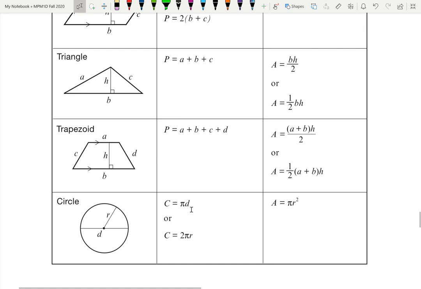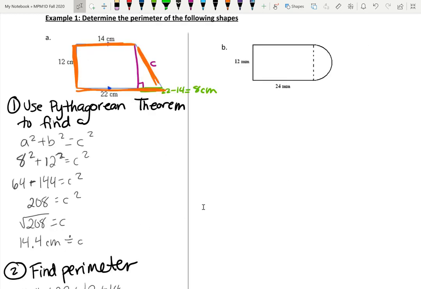So to get the semicircle, we would just divide this by 2. So remember, the diameter is the length from one side of the circle to the other, and the radius would be half the diameter. So we're trying to find the circumference of the semicircle.